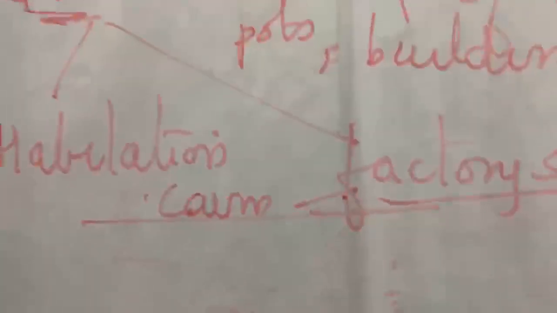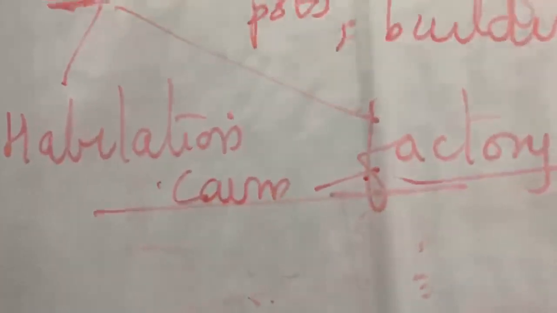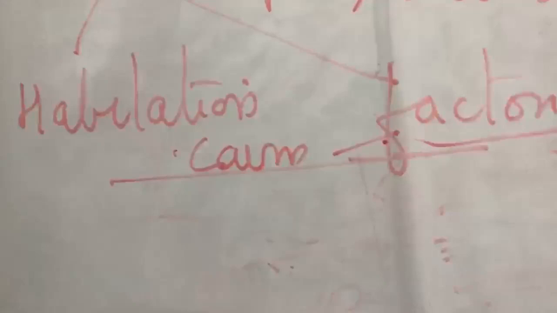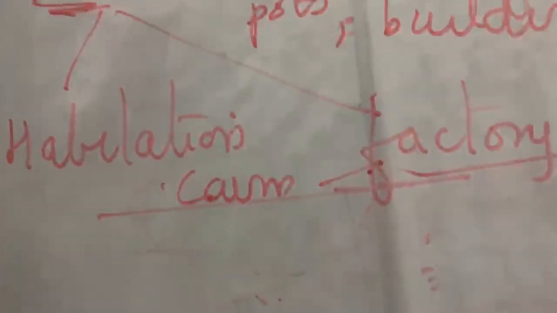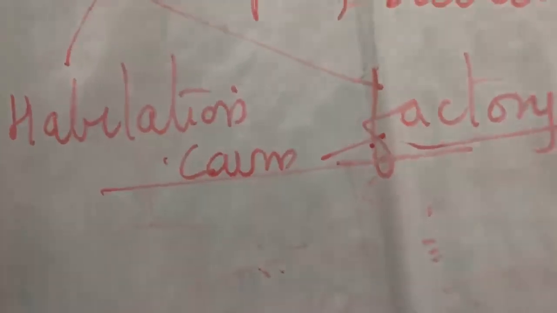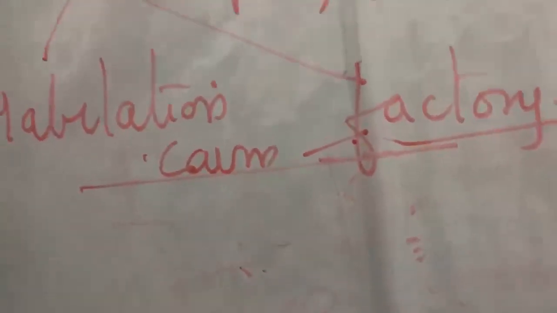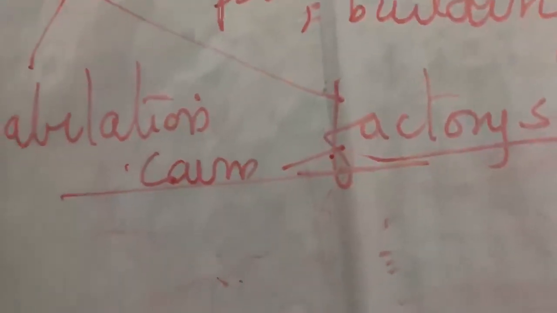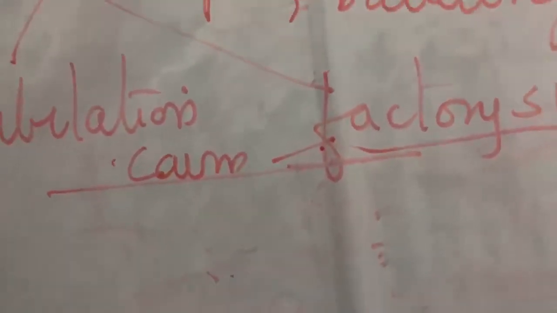I gave you a very good example of this also: your refinery factory is away from your residence, so that is your father's factory site, and the refinery township is your habitation site. But in many places, like in Model Town or in Sector 29, they have the factory on the ground floor and they are staying on the first floor. So that is a habitation cum factory site. I hope this is clear to everyone.